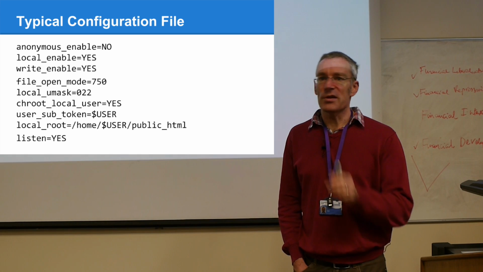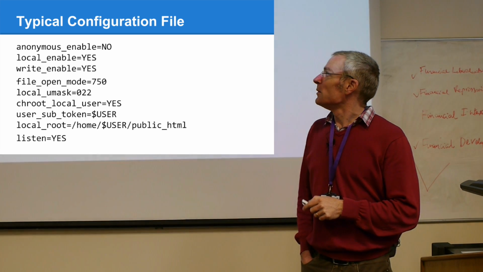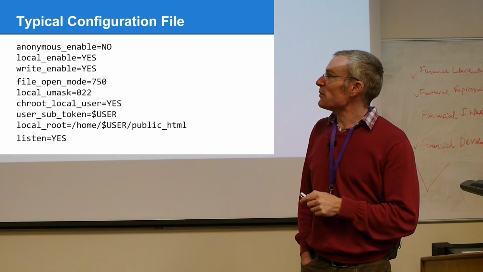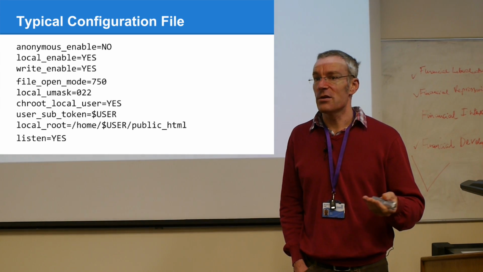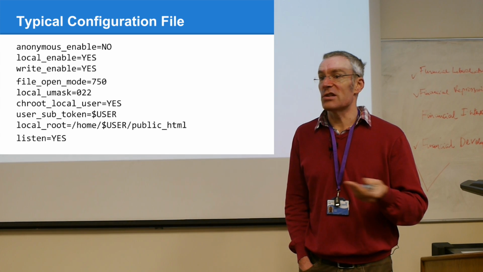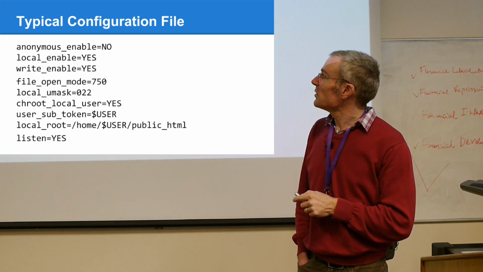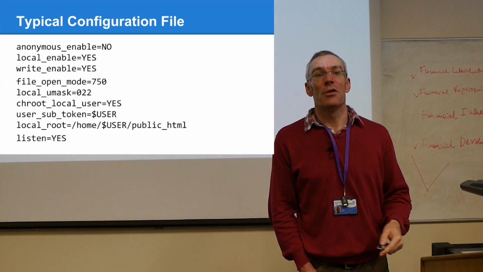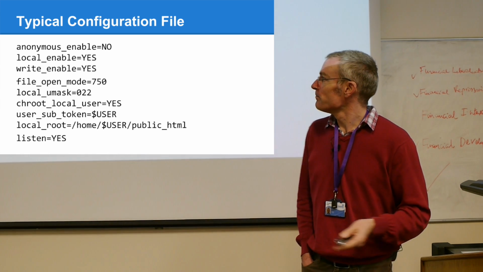We'll talk to this in more detail, line by line, but I'll very quickly go through this. You can have what's called anonymous FTP. If you want anyone to be able to download files from your server, you can set up an anonymous server, so you don't have to log into it, basically. So it's always very important to make sure that you set that to no. Otherwise, anyone can log into your system without having to put a password in or username.